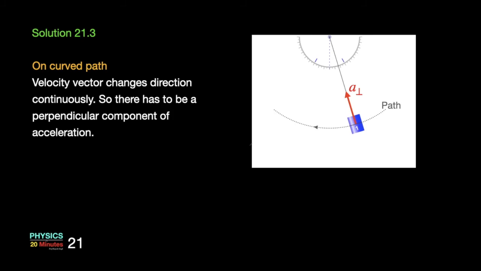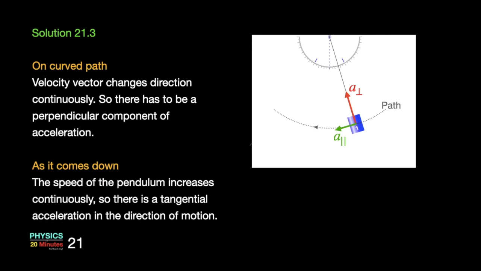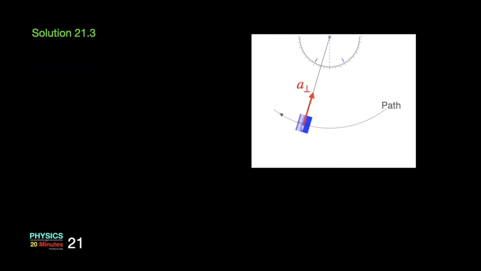Now as the pendulum comes down from its topmost position, its speed goes on increasing. Since its speed goes on increasing, the parallel component of acceleration has to exist. Therefore, the net acceleration would be given by the vector sum of A parallel and A perpendicular as shown in the diagram. What happens as the pendulum moves in the other direction, going upward?